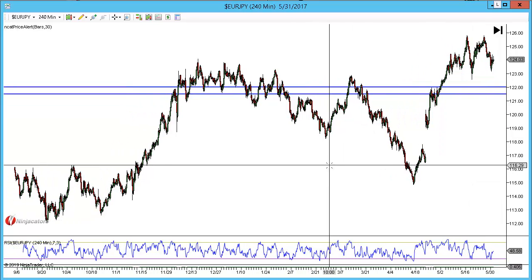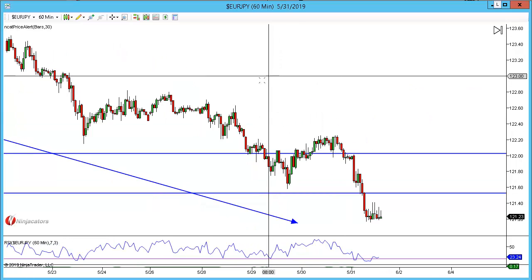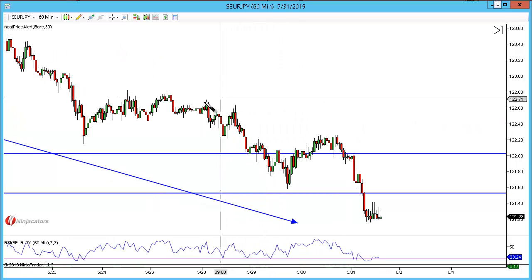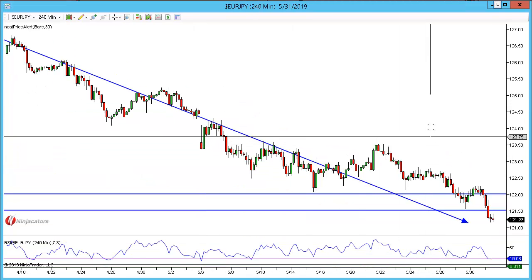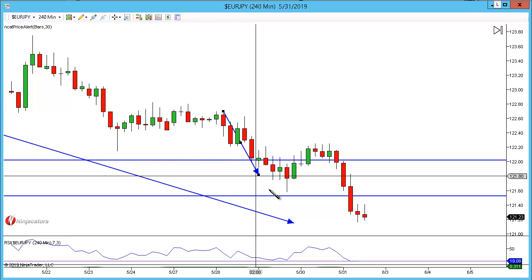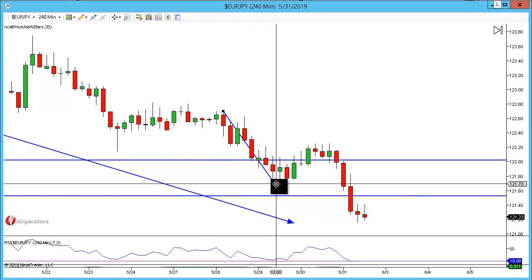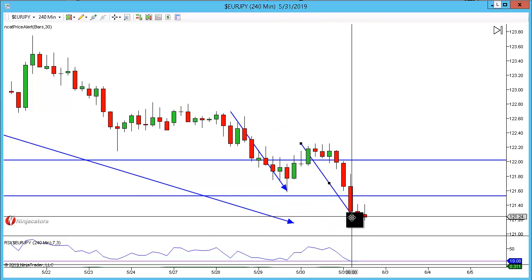and still nothing there. Let's go to the 60, and here on the 60 we actually have, I think it was the 240 actually, one second, yeah, here we have an AB equals CD pattern looking like this, coming down into that zone.